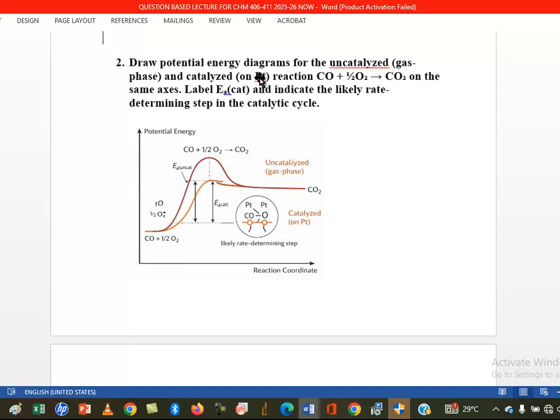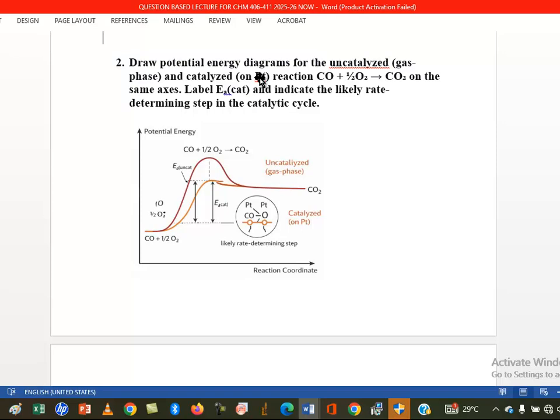Now you draw the first part. You have your reactant here, and then you draw this, and then you get your product, which is CO2. So you put that there, and then you can move on to draw a second one, which is lower. You can see this one is lower. The lower one is the catalyzed part.